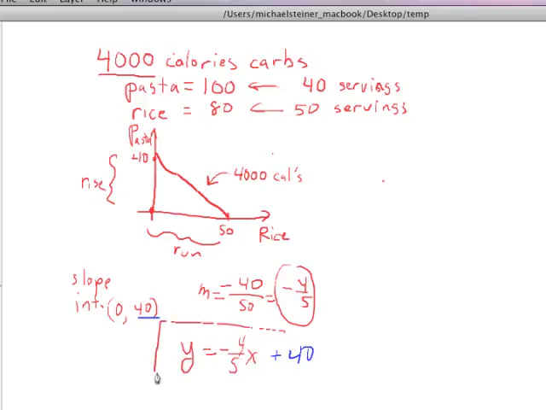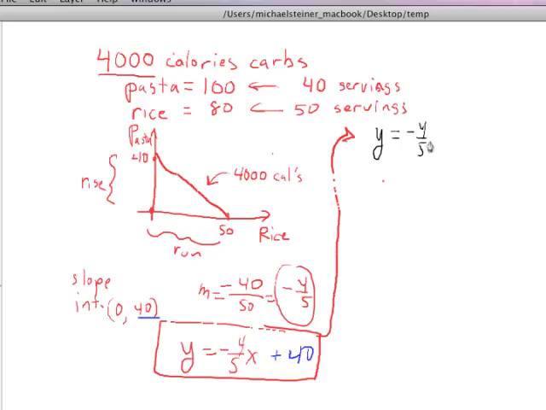Now we are done with the slope-intercept form, but let me go up here and put it in the standard form, and then we'll see right away why it makes sense to think about this in terms of standard form. So let's write this up here. Let's go to black. y is equal to -4/5 x plus 40.